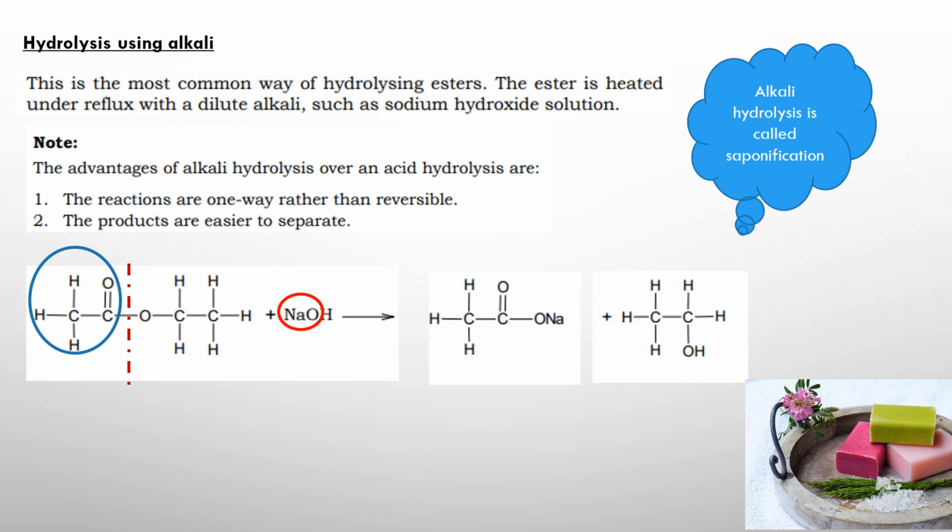Soap making involves hydrolysis of an ester using an alkali, and in that case the ester is the fats which is coming from coconut oil. The alkali is the sodium hydroxide, which is caustic soda. The products formed are salt, which is the soap molecule, as well as glycerol, which is a type of alcohol.